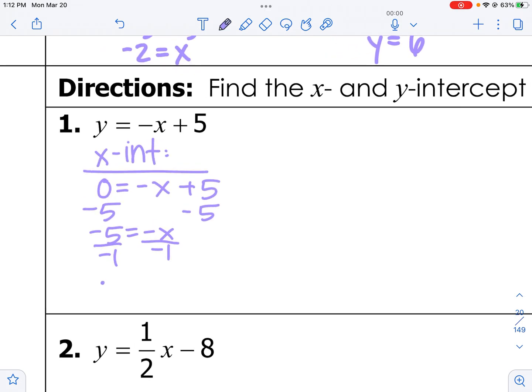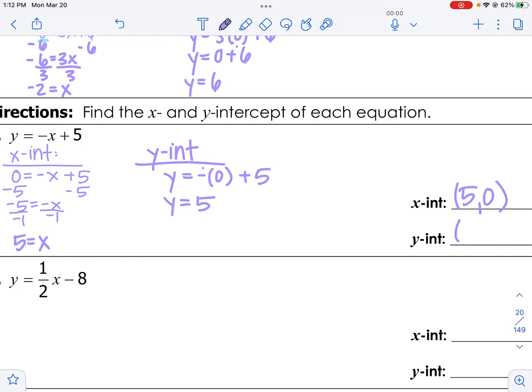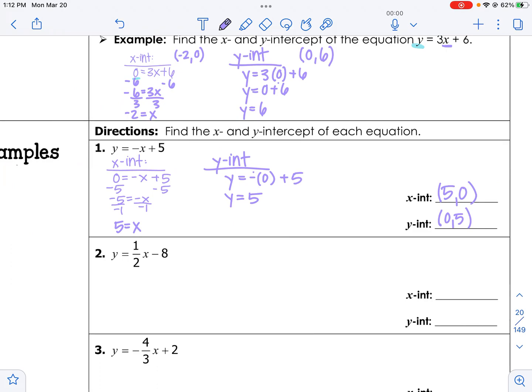So my answer is 5 equals x, and my x-intercept is 5, 0. For the y-intercept, as a reminder, I'm going to set x to 0. So in this equation, that would be y equals 0, or negative 0, I guess you could say, plus 5, which is just 5. They're very similar to the example above. And those are your answers.